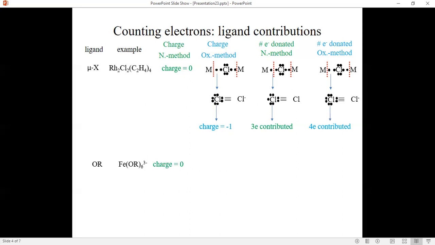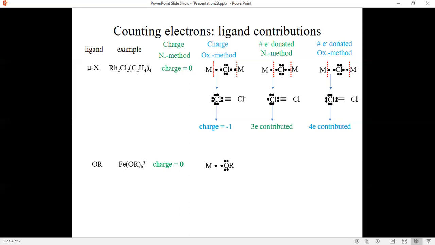What is in this case the charge in the oxidation state method? -1, yeah.